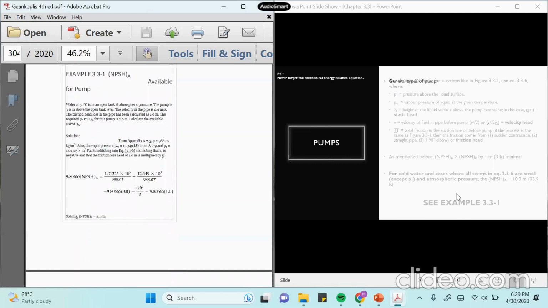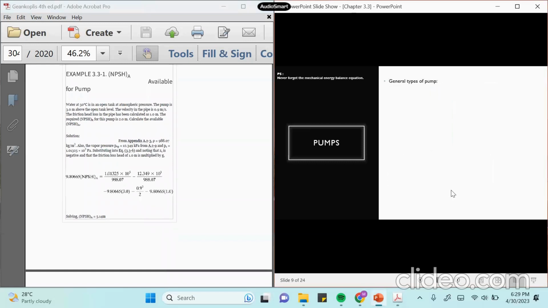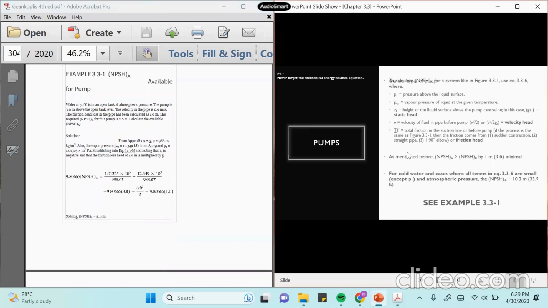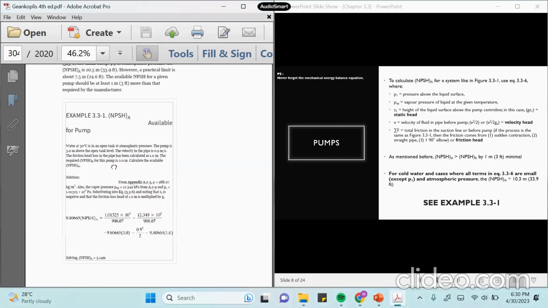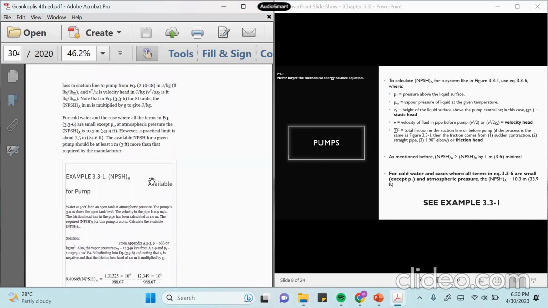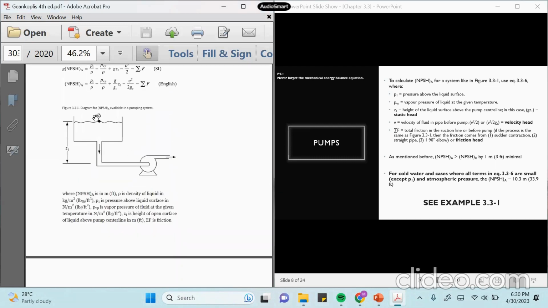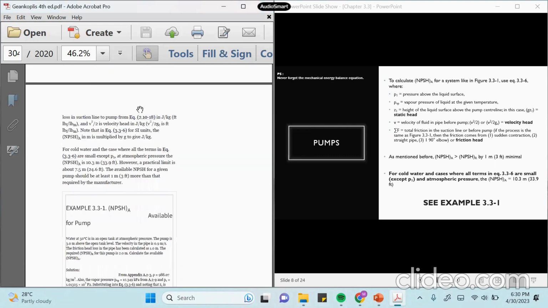Okay, so we go to see Example 3.3-1. I will go directly to this part. I have water at 50 degrees Celsius in an open tank at atmospheric pressure. The pump is 3 meters above the open tank level, so that means the pump is above the surface of the water.